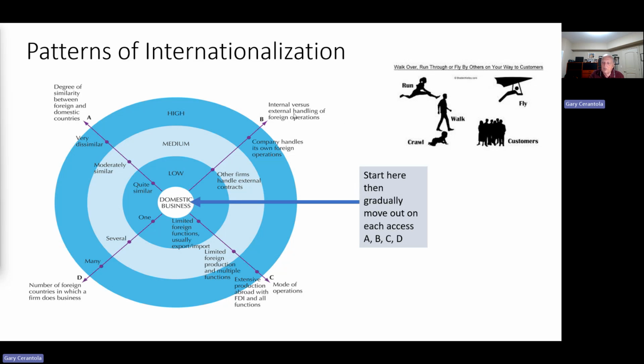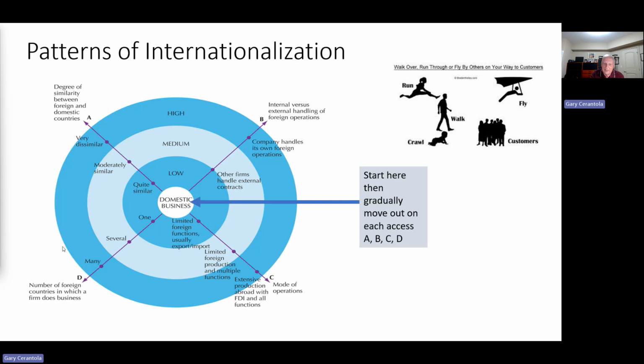This one is internal versus external. So in some cases, I talked about getting an agent before you to do your exporting for you. That would be right about here. But by the time you get out on this one, you're doing everything by yourself. And this one is mode of operations, so that you could go from just your domestic business all the way to an extensive production with full foreign direct investment in all functions.